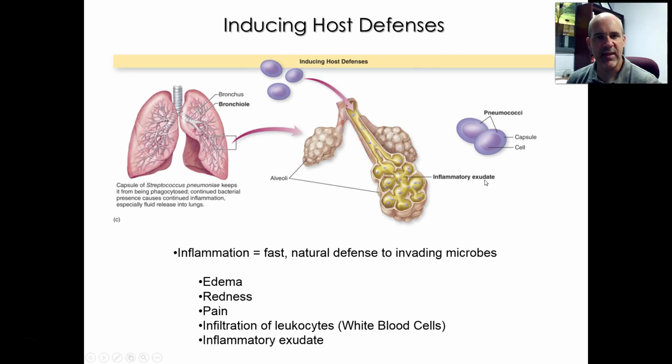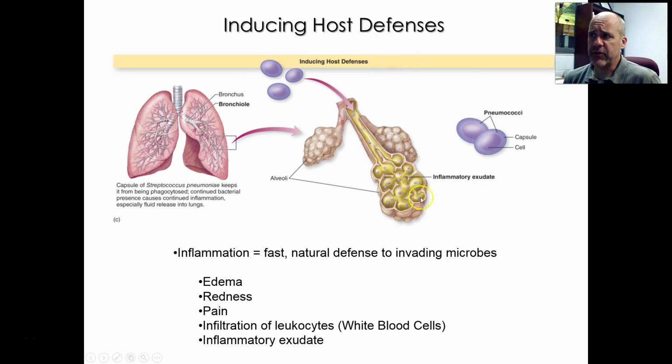So all this mucousy type fluid and so forth, and there's white blood cells mixed in there because they've been recruited in to try to fight off the infection. So that's all that gunk that builds up down deep in your lungs when you have something like pneumonia.